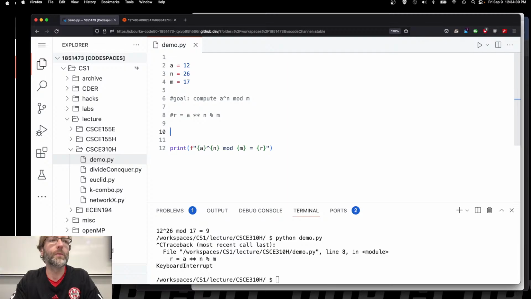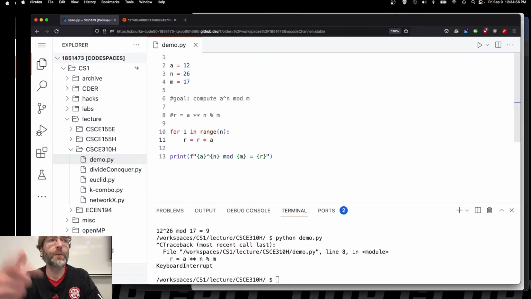For loop, while loop? For loop, okay. For i in range of n, result is equal to result times A. So I'm multiplying by A one more time. And mathematically, it's okay if you mod this out as you go along to always keep it small.